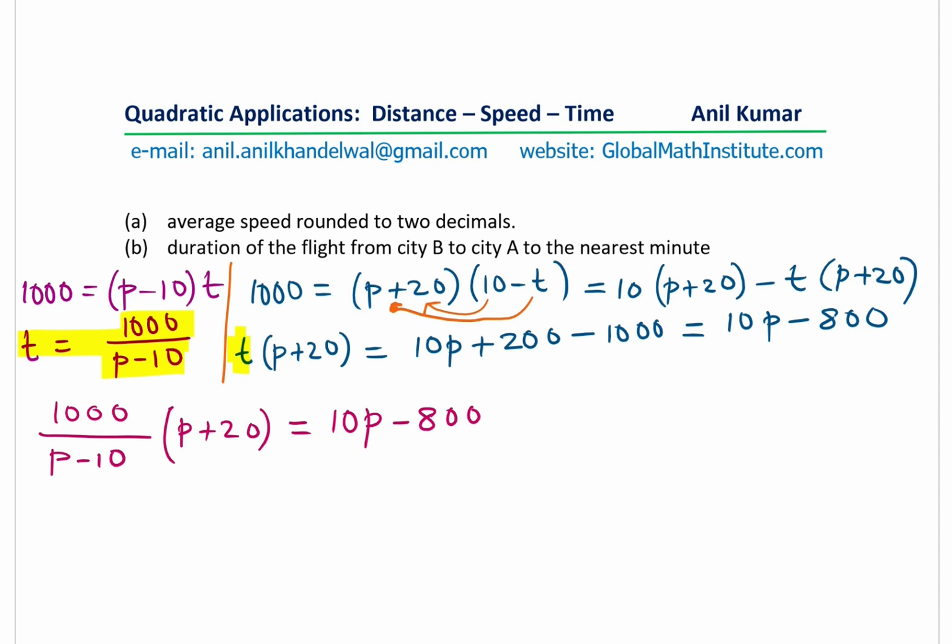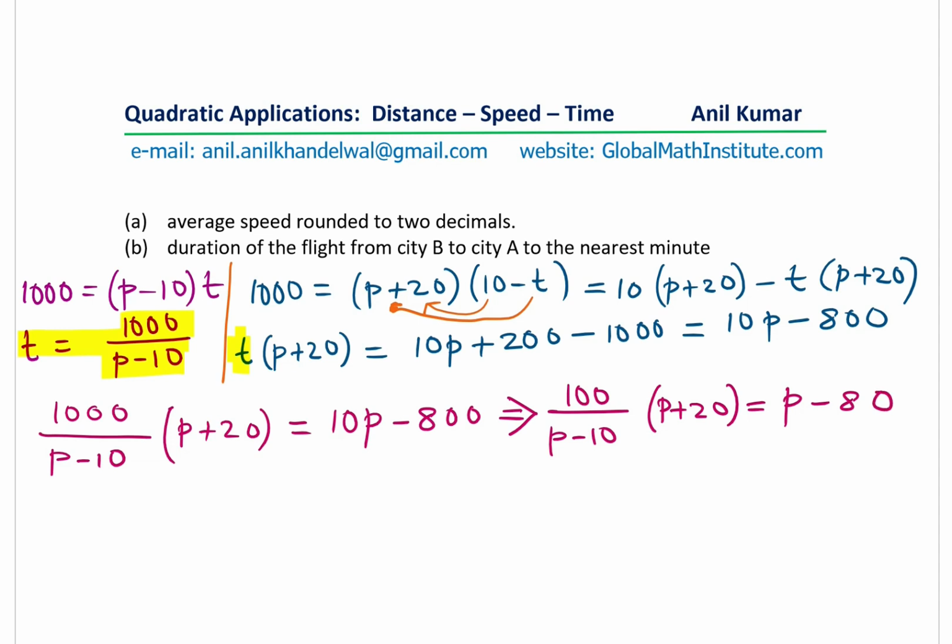Now what you see is we can actually cancel tens. Dividing by 10, we get 100 over p minus 10 times p plus 20 equals p minus 80. Right?